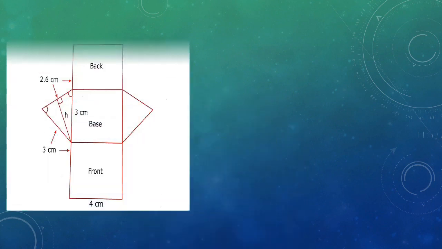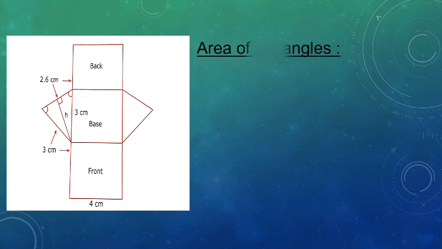Okay, after that one, we will solve the area of the two triangles. Since we have two triangles, right? As you can observe, our triangles are isosceles, which means two sides are equal.